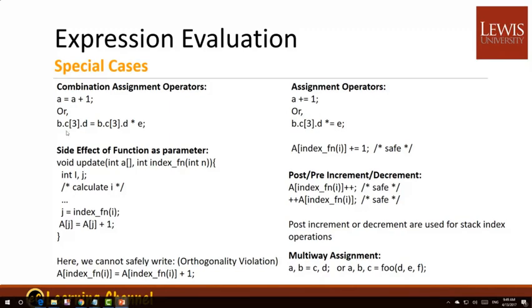That's a special case. And right here we have B dot C indexed by 3 dot D. This will be equal to this times this. And this will be equivalent to this statement. And actually, this is a B object's data field, data field D.